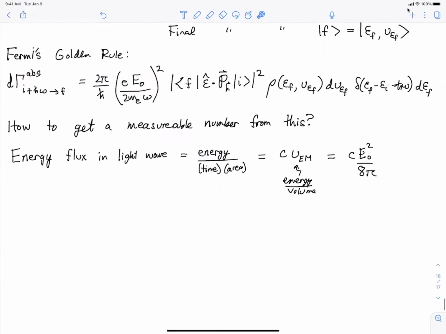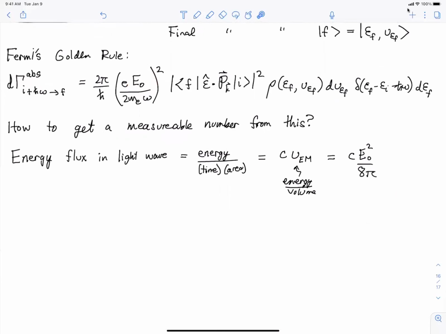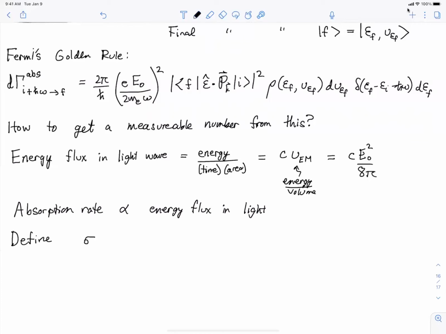And so because they're proportional, it's a good idea to just define their constant of proportionality. So absorption rate is proportional to the energy flux in the light. And so now we define their ratio. The letter traditionally used for this is a lowercase sigma.